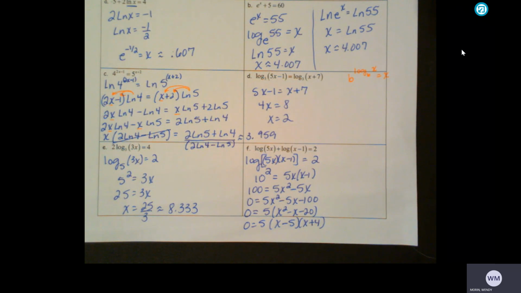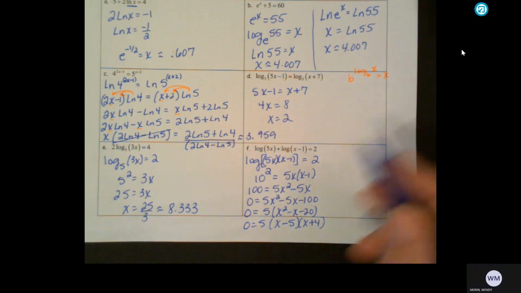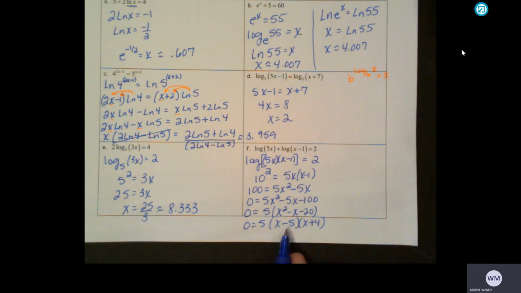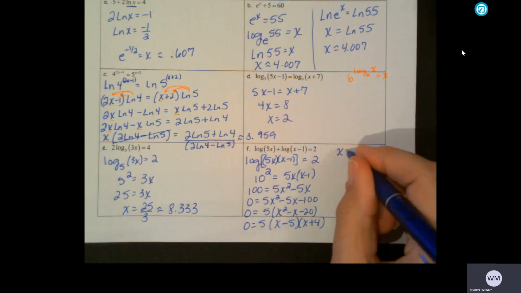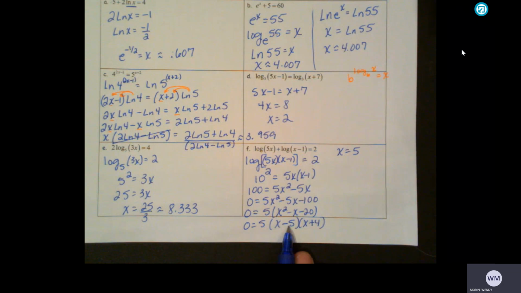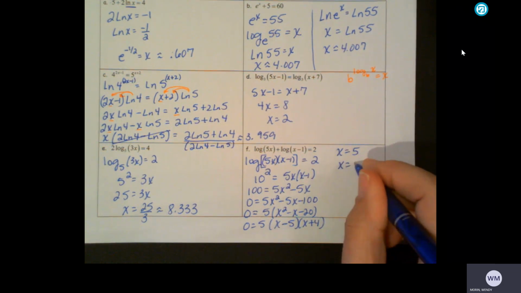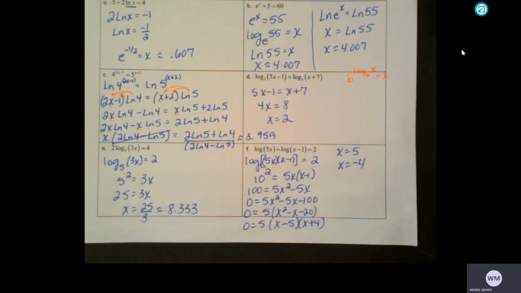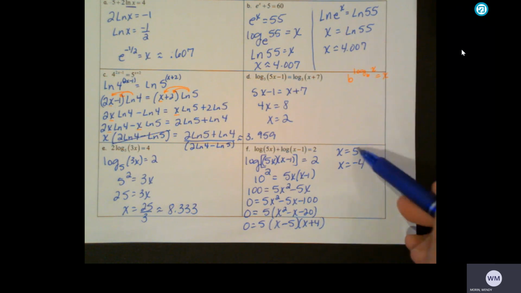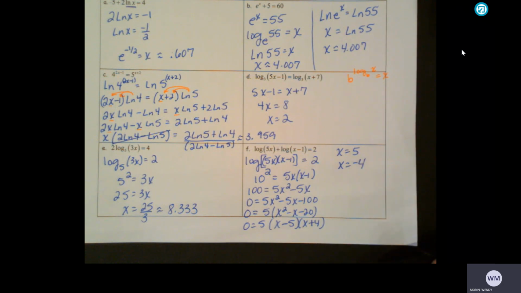So set your factors equal to 0. 5 never equals 0. There's no solution on this one. X minus 5 equals 0, so x equals 5. And x plus 4 equals 0, so x equals negative 4. So we have two solutions, but as I told you earlier, you should check your answers.